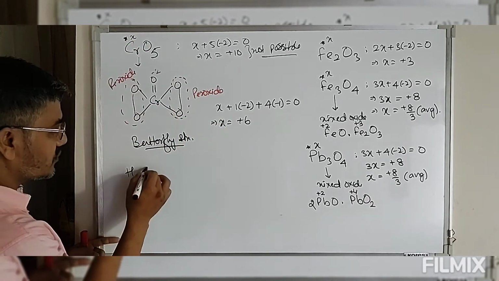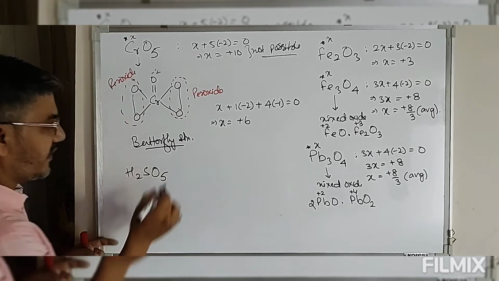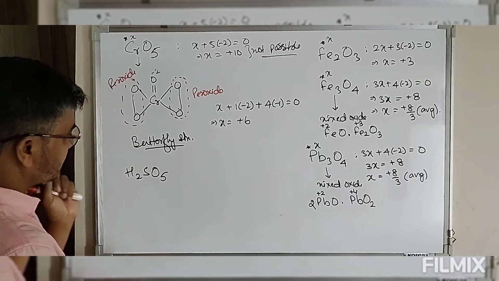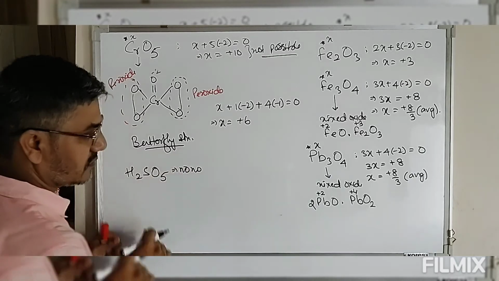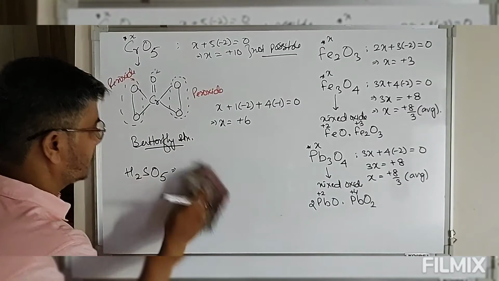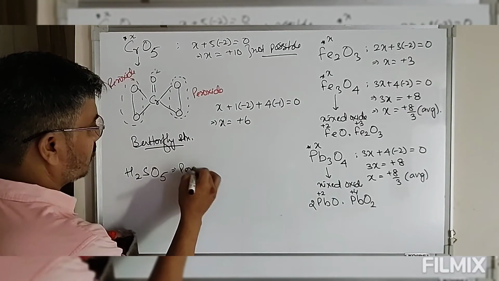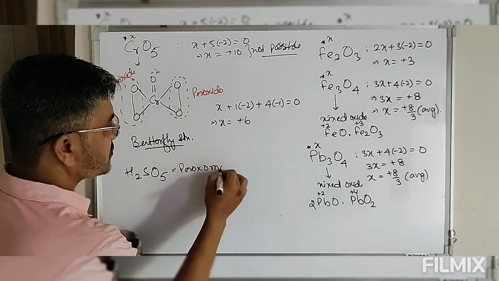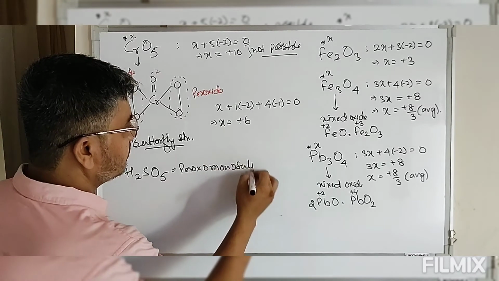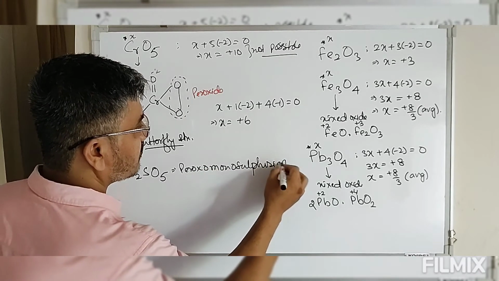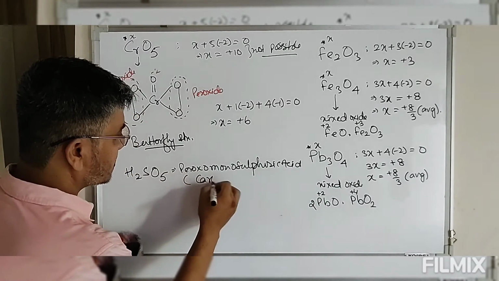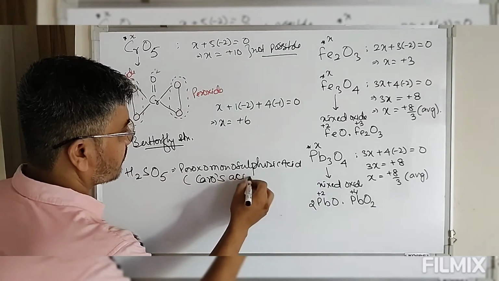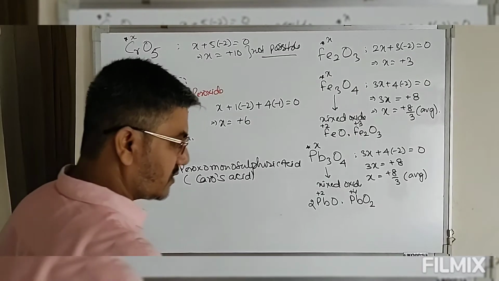Take this H2SO5, peroxomonosulfuric acid, which is also known as Caro's acid.